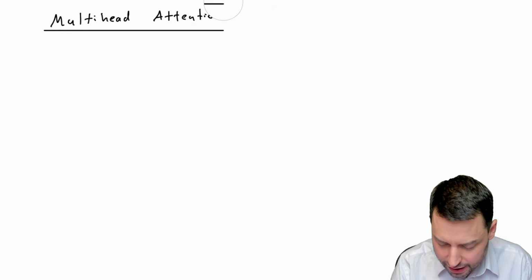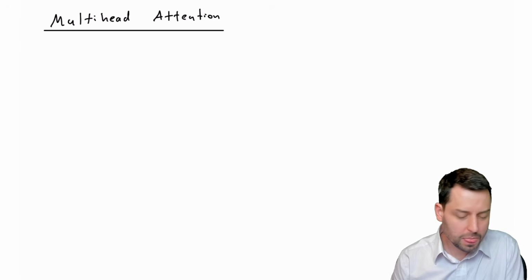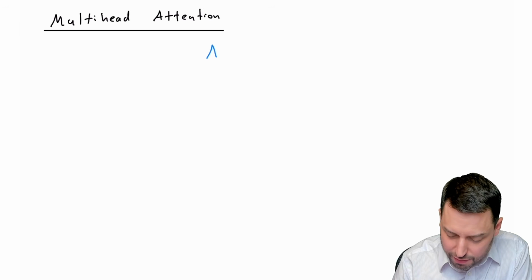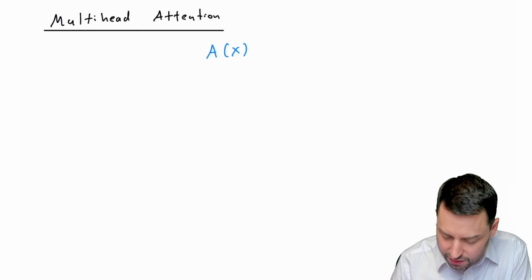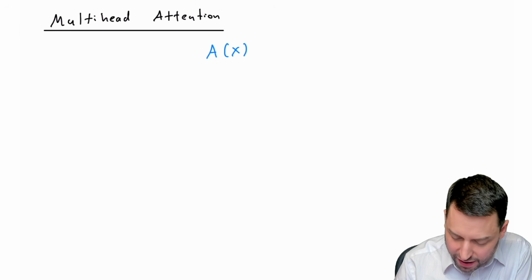But if you look at the default way that I wrote self-attention, when I wrote self-attention before, I had this matrix A(X) times X, times V, or more exactly, A(X) X W_V.